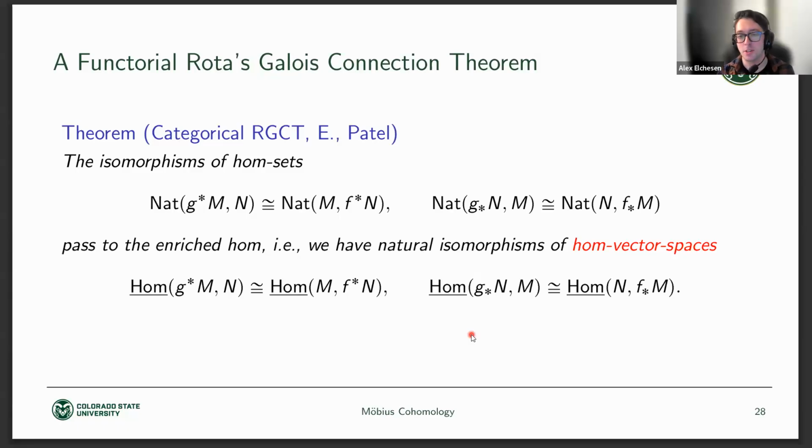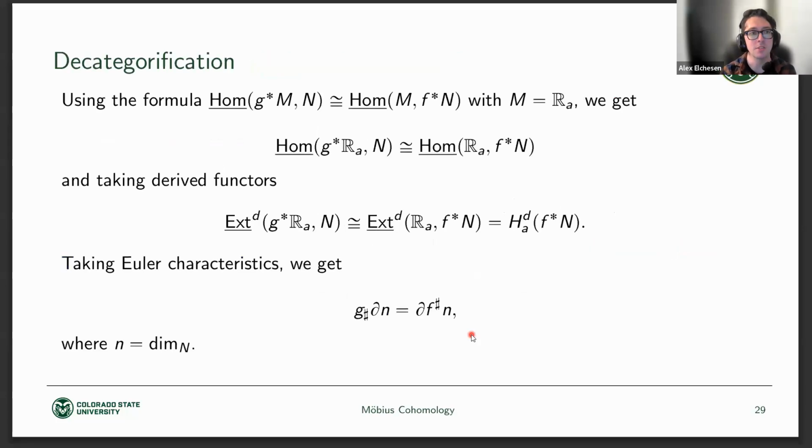Okay. And so let me try to explain why this is an actual proper generalization and categorification. So we're going to decategorify. Let's look at this formula with the pullbacks, and let's plug in something specific for M. So let's just plug in the simple module at A. So I get this adjunction here, and let's look at the right hand side.